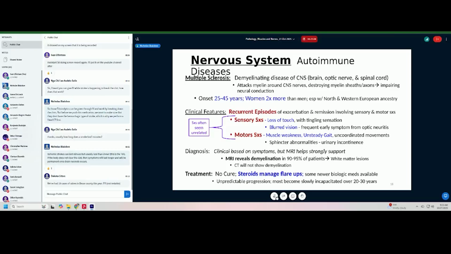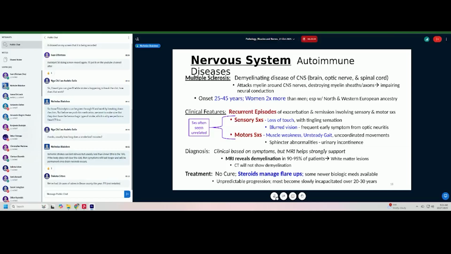Most of the time, this is going to occur in younger women between 25 to 45, and I've definitely seen it mostly in women when I've diagnosed it. The thing with this is that this condition causes what are called recurrent episodes of exacerbation and remission, meaning patients will have symptoms, and I'll talk about symptoms here in a second.